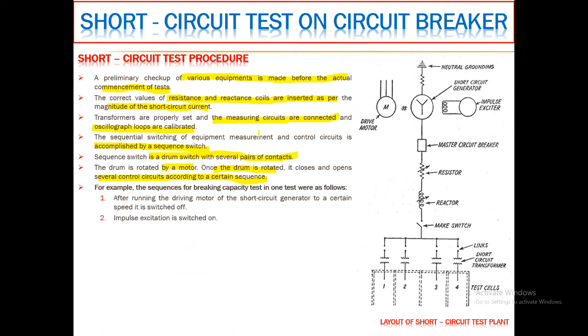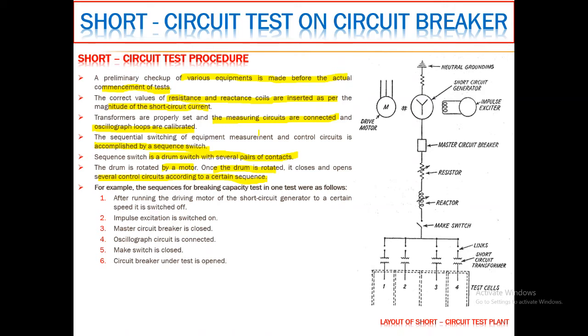So after decoupling the driving motor from the generator side, the impulse excitation is switched on. Afterwards, the master circuit breaker is closed. The oscillograph circuitry is connected. Afterwards, the making switch is closed and the circuit breaker under the test must be open.